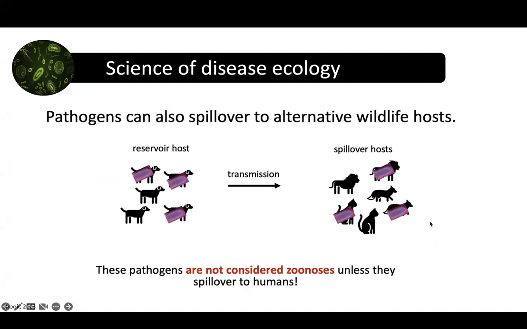But not all spillovers are zoonoses. Spillover can also happen in alternative wildlife hosts. Rabies is a good example of this, as it infects a large variety of animal hosts and can transmit to other animal hosts. So domestic dogs may carry it and transmit it to a wild animal and may allow a sustained spread later on.